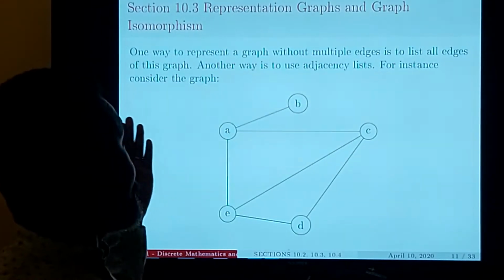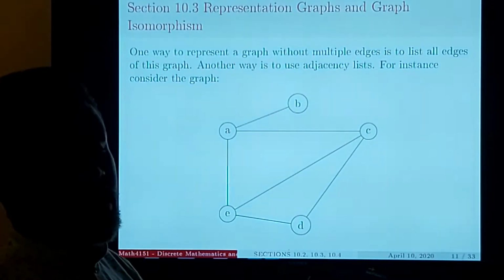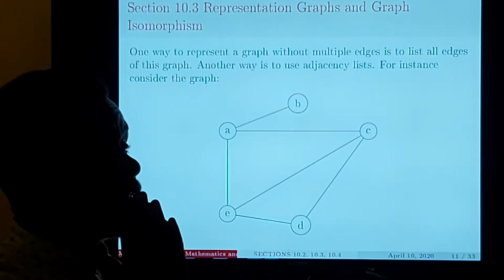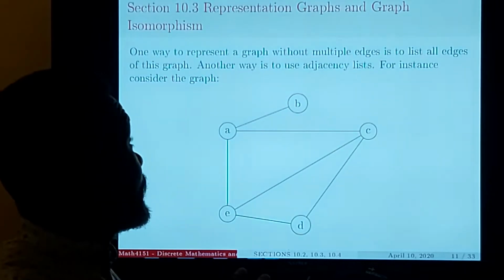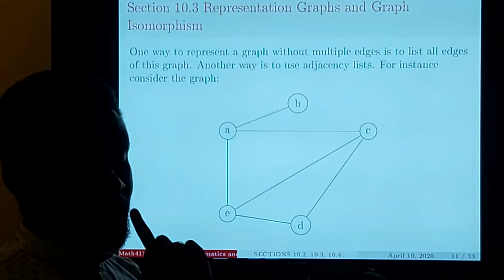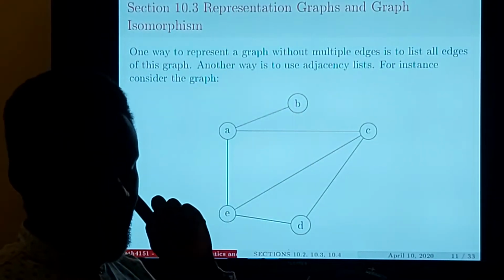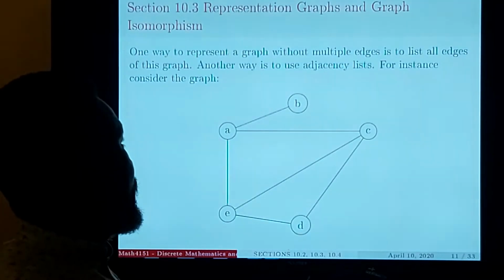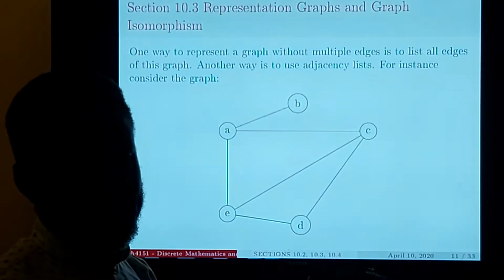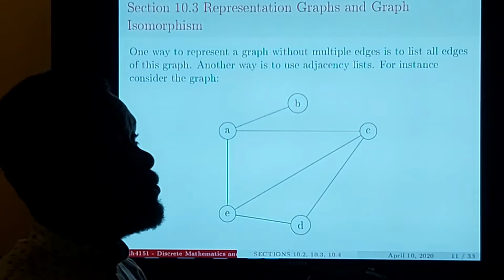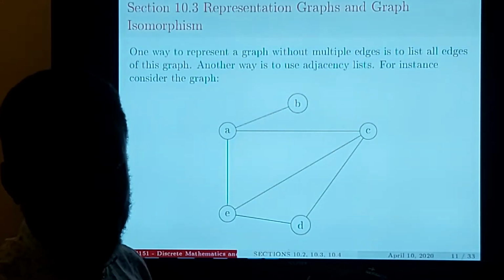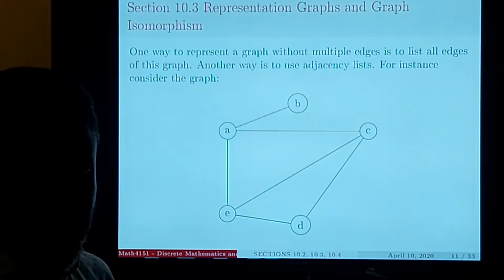This time around, I want us to look at sections 10.3 and 10.4. 10.3 talks about graph representation, which is basically, either you use matrices or you can use tables for adjacency or incidence matrices. In 10.4, we talk about connectivity of graphs. We'll also talk about something called isomorphism of graphs. So brace yourselves and be ready.